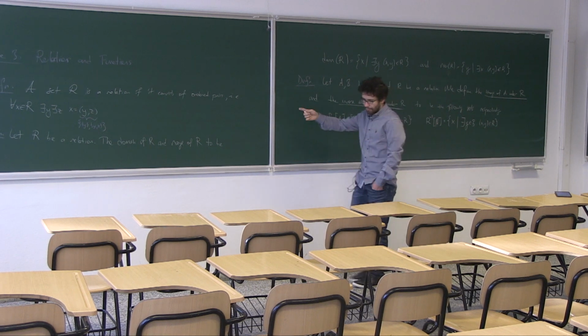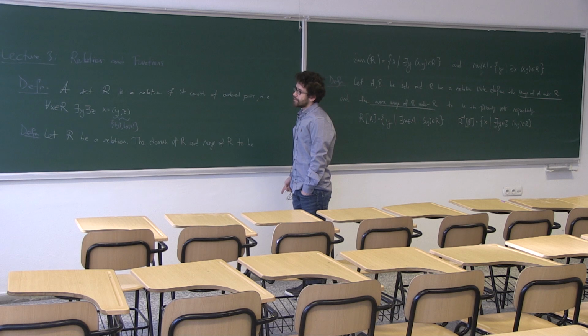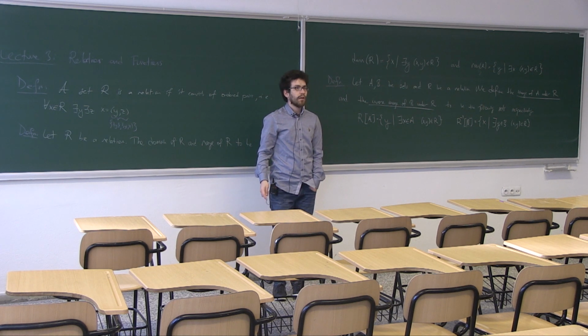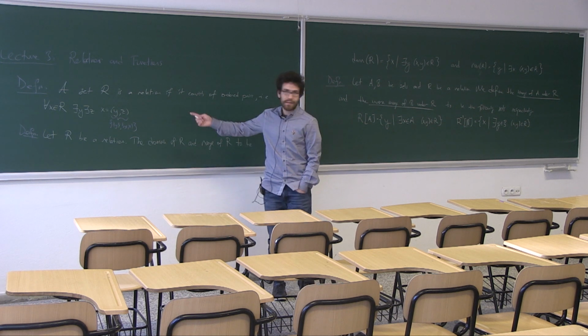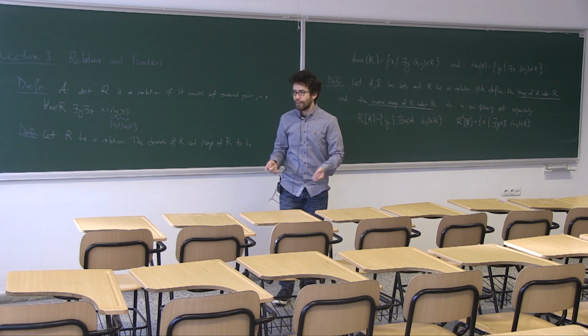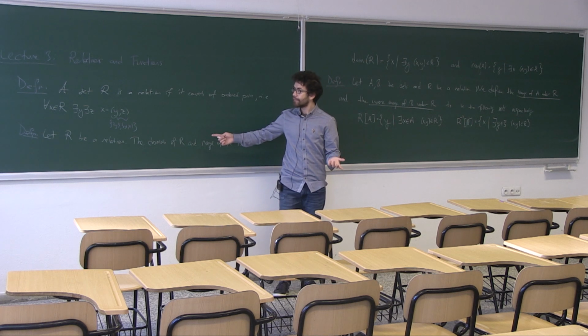I defined the notion, but I didn't explain what this is. A relation is supposed to be thought of as a rule which relates objects, as the name suggests. It relates certain objects to each other. Given two objects, either they are related under this relation or they're not.